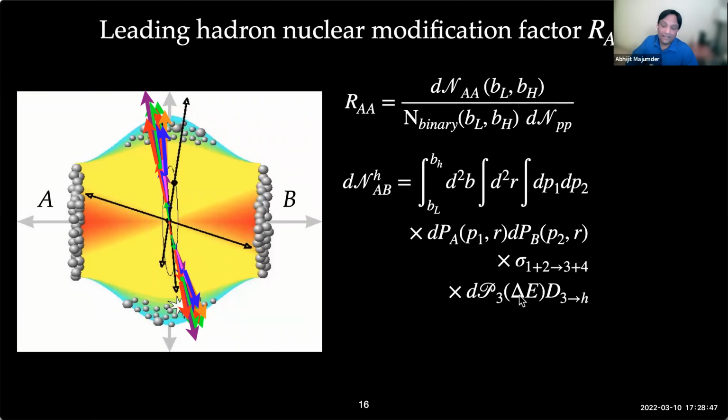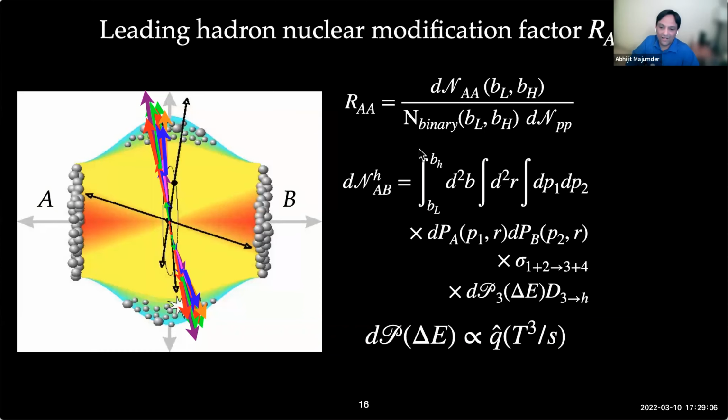Then there will be a quantity that calculates how these things lose energy in the medium, the probability of delta E, the probability of losing energy. And then something that tells you how this fragments into hadrons or jets or whatever you have.